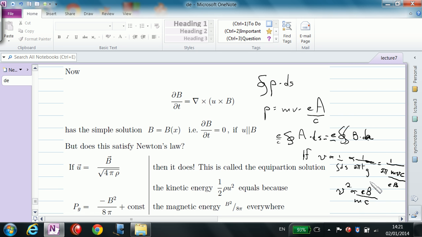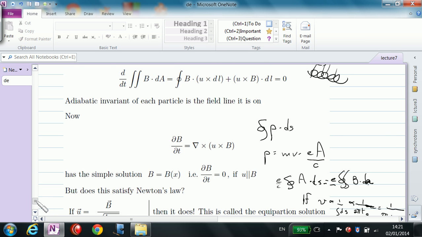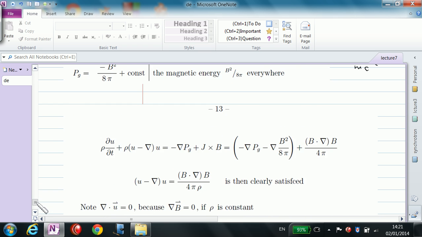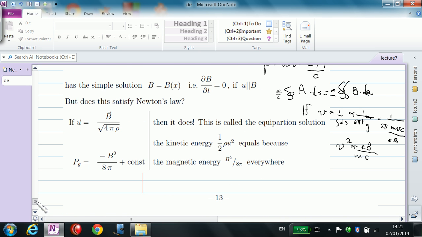Now, what can we say here? For an adiabatic process, there's several ways to intuit this. First of all, this is the gyro frequency, the cyclotron frequency.